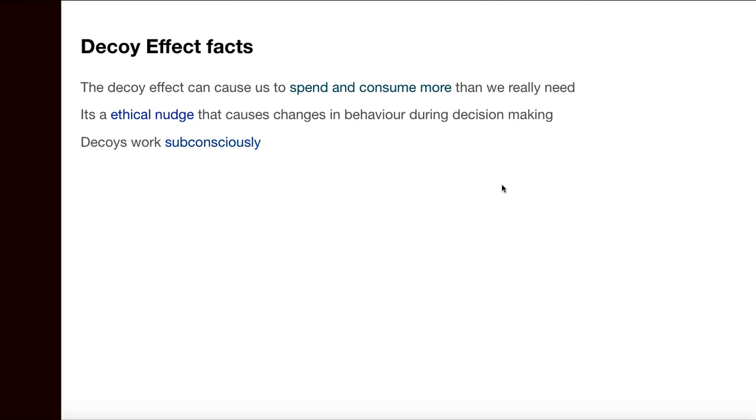These changes happen subconsciously, where indirectly we are actually doing what they want or what they expect. So they have a target. By introducing the decoy effect, by making alterations in their subscriptions and pricing, indirectly people are actually moving towards that target, but very invisibly. It's not very visible and noticeable.